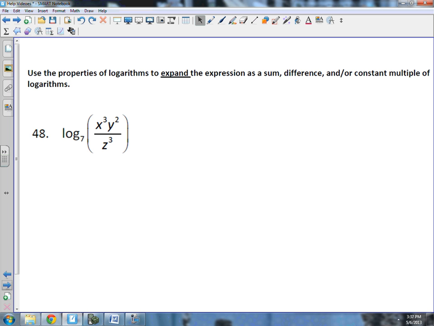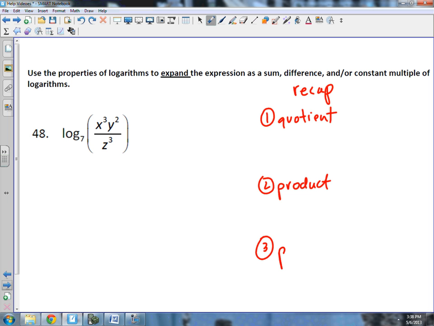All right. Moving along. The properties of logs to expand the expression. Okay, so just a real quick recap. There are 3 properties: you've got your quotient property, your product property, and your power property. The quotient property says if you got a log of 2 things divided, you can break those up by splitting up the log with a minus between them.